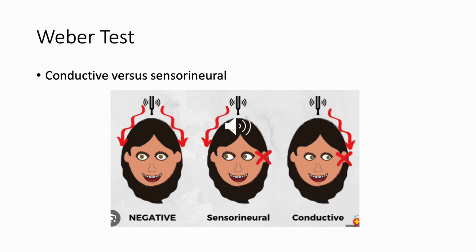If somebody has sensorineural hearing loss, they will hear better in the unaffected ear, in other words, the ear that is not damaged. If it's conductive hearing loss, they will hear better in the affected ear, because something is blocking the auditory canal in conductive hearing loss.